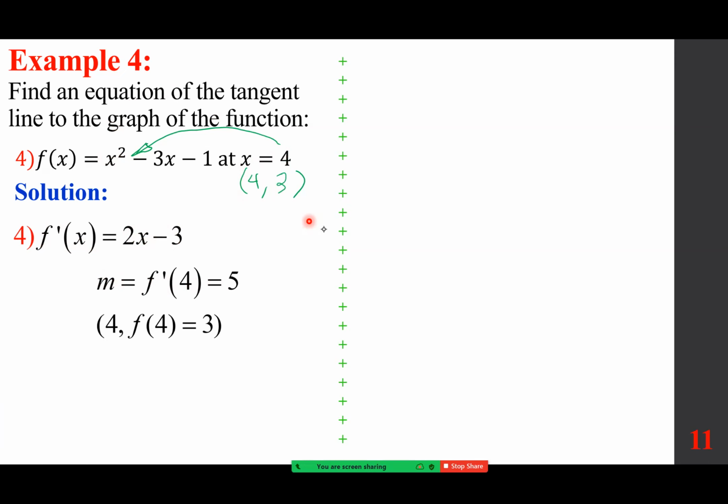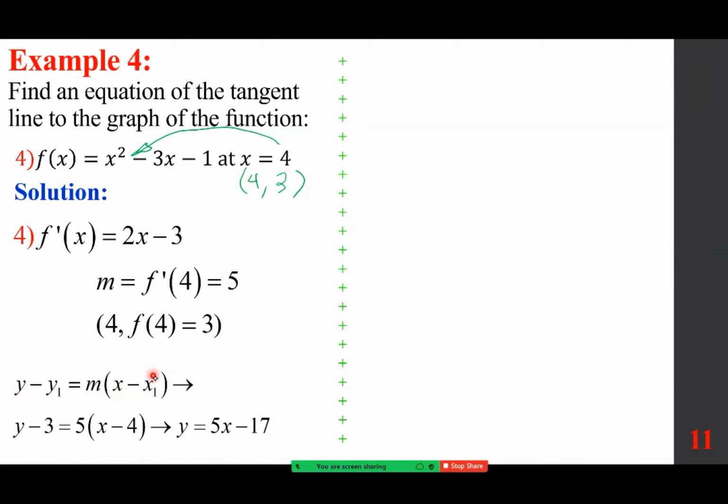We use the point slope form y minus y1 equals m times x minus x sub 1, which means y minus 3 equals m, which is 5, times x minus x sub 1, which is 4. The right side is 5x minus 20.